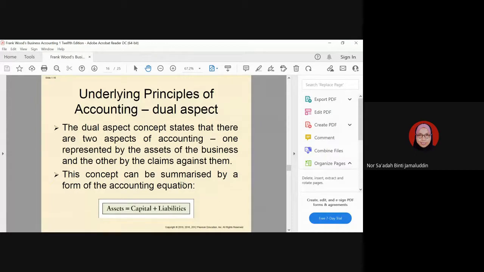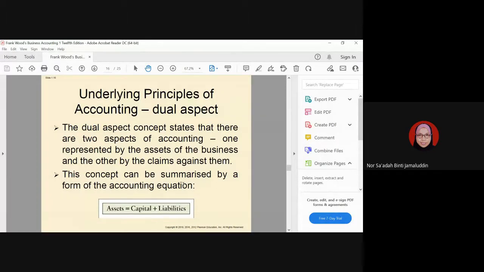The concept is to record both sides, kedua-dua side. Means that one side increases, one side decreases, or one side increases, one side increases. So the result must be equal for the left side and the right side. Okay?